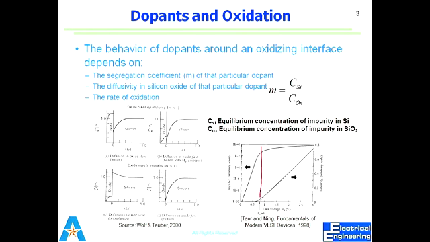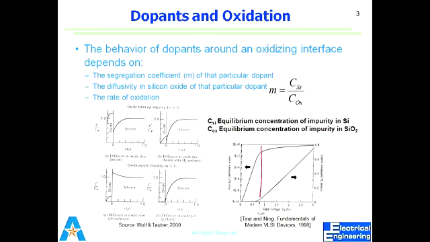So its concentration would be higher in silicon dioxide than in silicon, meaning more of the dopant is accommodated inside the silicon dioxide.